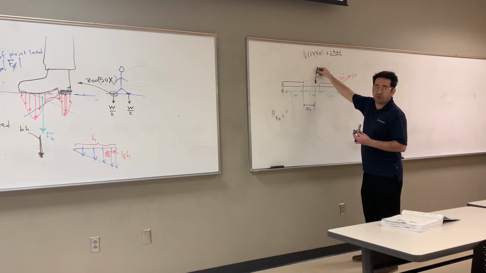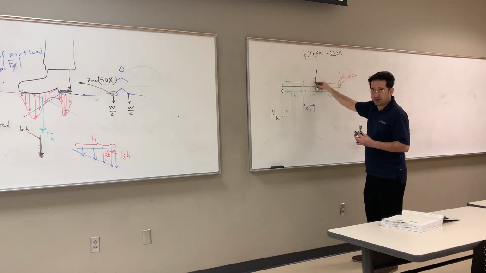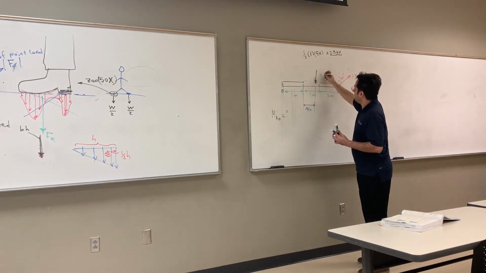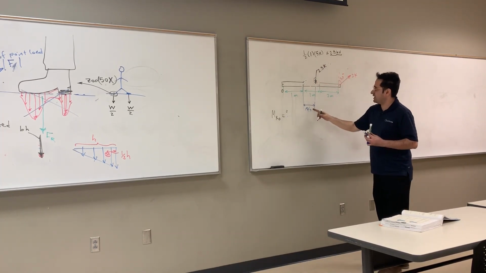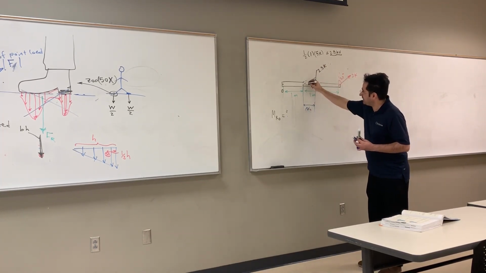There you go. And I put it here. Don't forget we can move a force along its line of action. So I can bring it down a little bit. So I get 2.5 K at the location 2/3 from this point.